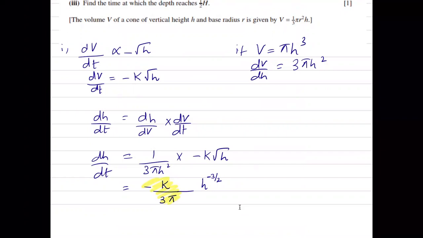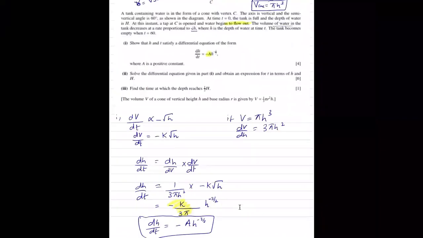A constant value divided by a constant number will also give you a constant value. So they have called it a. Is this making sense? Yes, sir. So this was the first part we were asked to show.